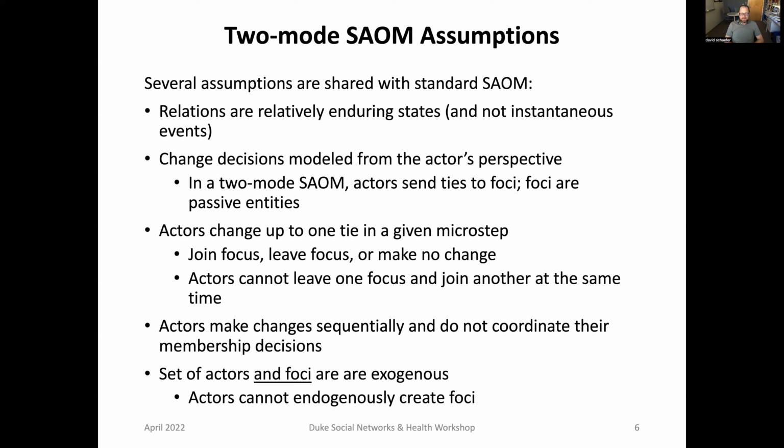An actor might at one point belong to no foci, having left one and not yet joined another, or belong to two foci if they belong to one, join another, and then leave the first. Actors also make changes sequentially, so they are not joining foci en masse together. Actors join foci one at a time, so there's no coordinated action, for instance among a group of friends to join a particular club together.